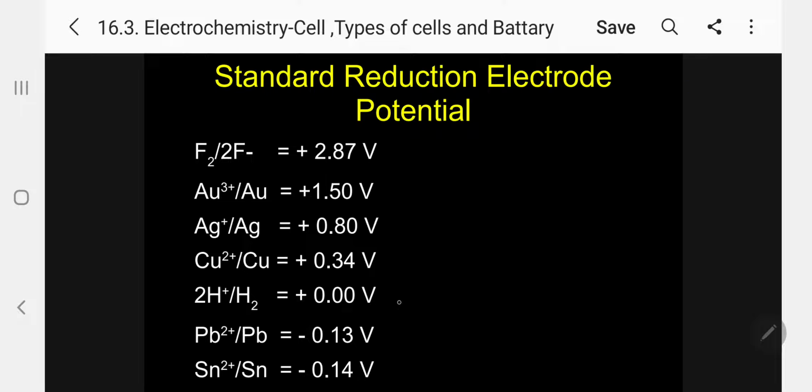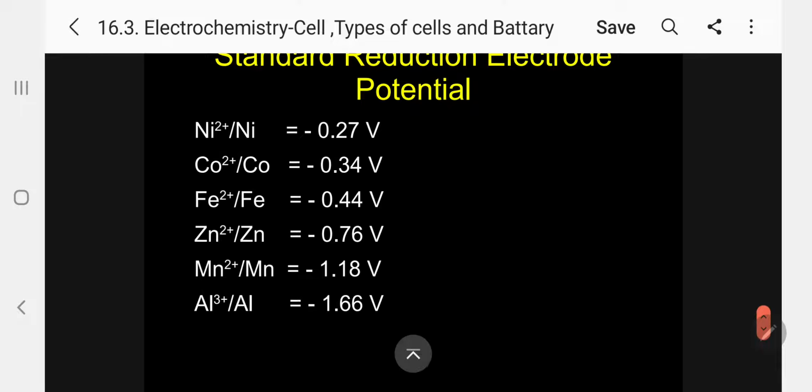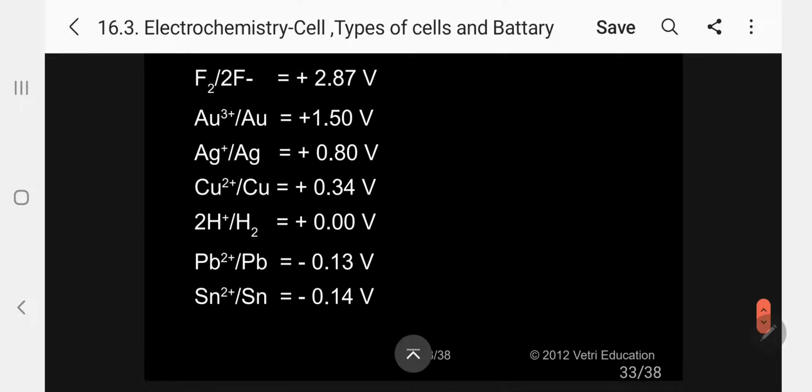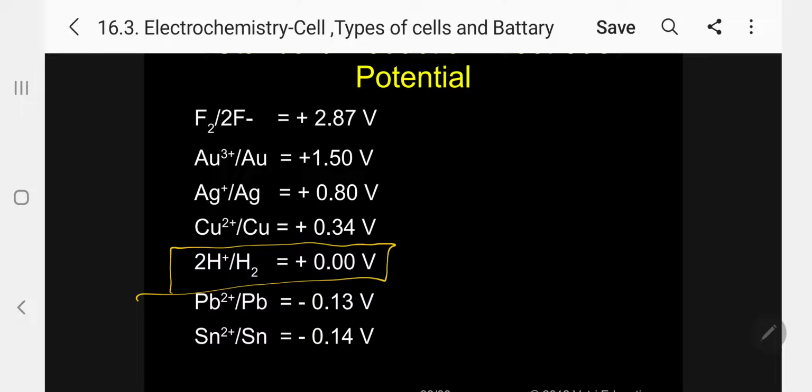Now kindly follow. Here there is hydrogen. This is the standard hydrogen electrode, 0. Above the hydrogen are copper, silver and gold, which normally have positive values, greater than 0, so their reduction potential is greater.